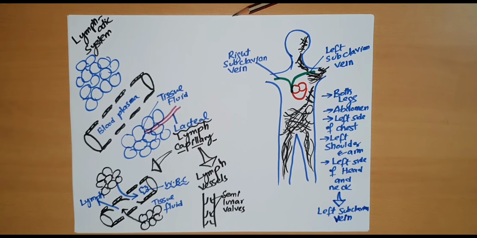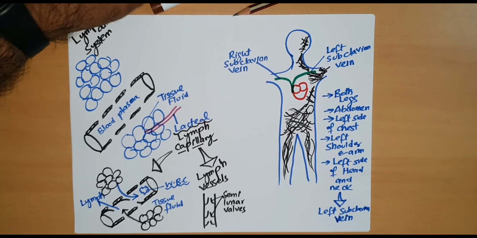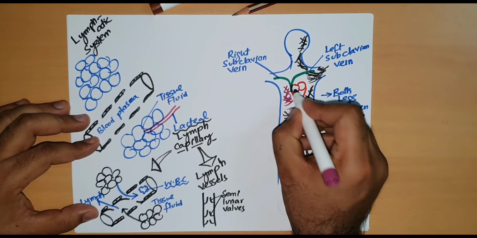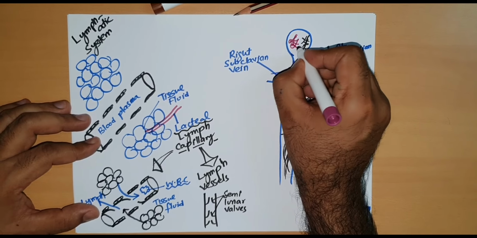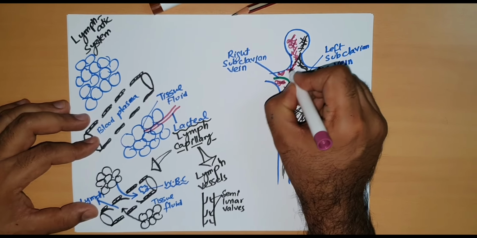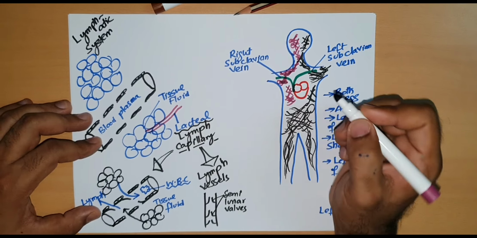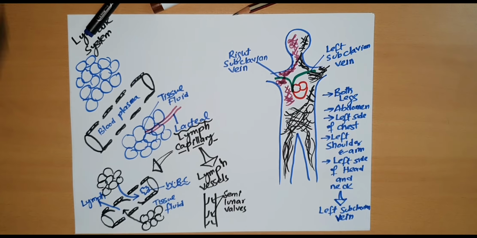Now, I will show it with the purple color: from the right side of the chest, right shoulder and right arm, and right side of the head and right side of the neck, the lymph is poured back into the right subclavian vein.